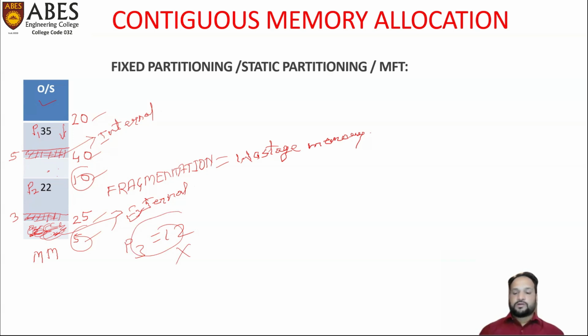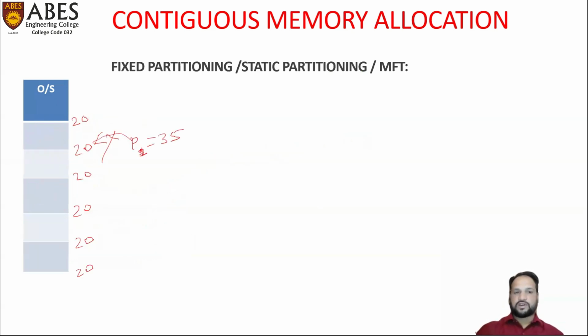Just because of what? Those blocks are not contiguous, meaning there is a block which is occupied by some other process. As it is the unallocated part of memory, it is named external fragmentation.